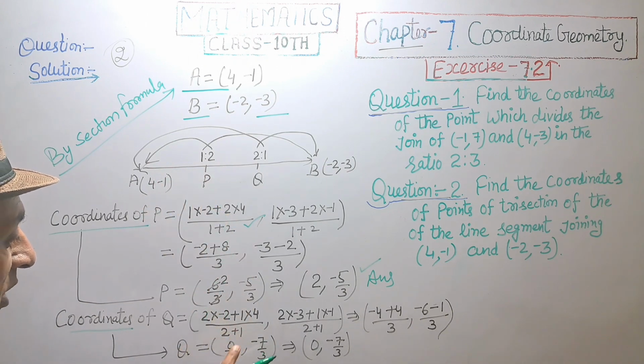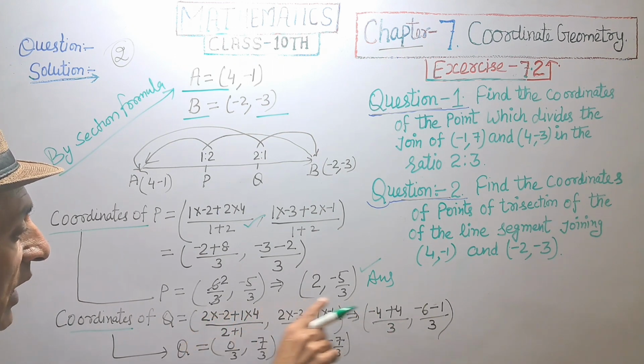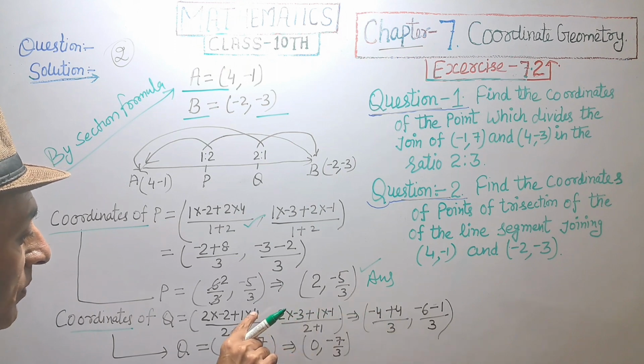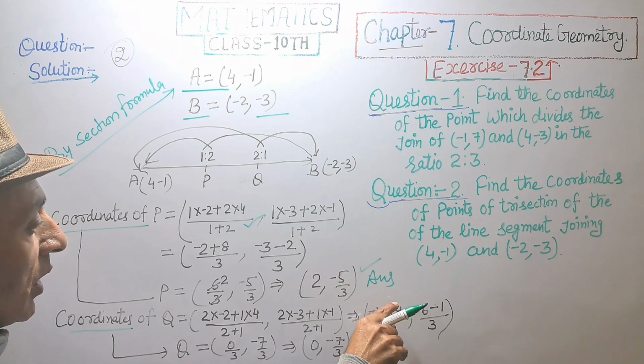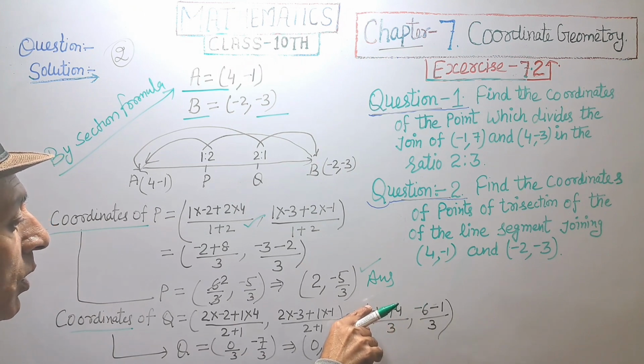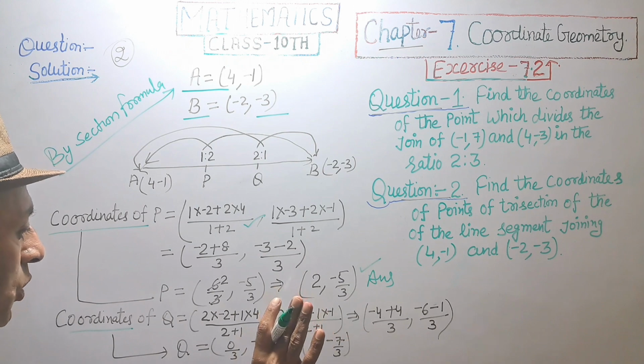So 2 2s are minus 4, 2 multiplied by minus 2 is equal to minus 4, and 4 multiplied by 1 is equal to positive 4. Positive 4, negative 4, that will become 0 divided by 3, that is 0.